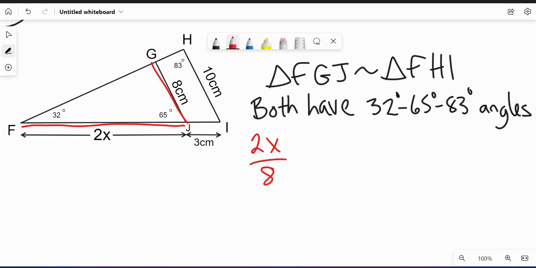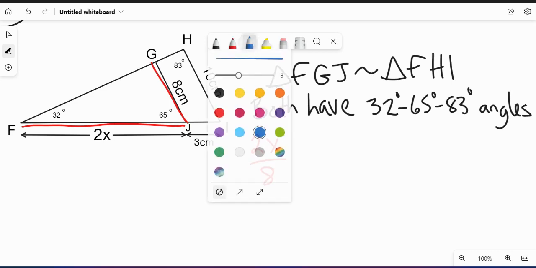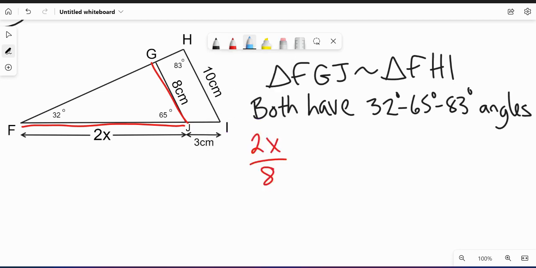Now the other side of my proportion, you have to be careful here. It's the 10, right? That's going to go on the bottom, corresponding to the 8. Those are corresponding sides. But the base of this, you've got to be careful because it includes the whole thing all the way over.